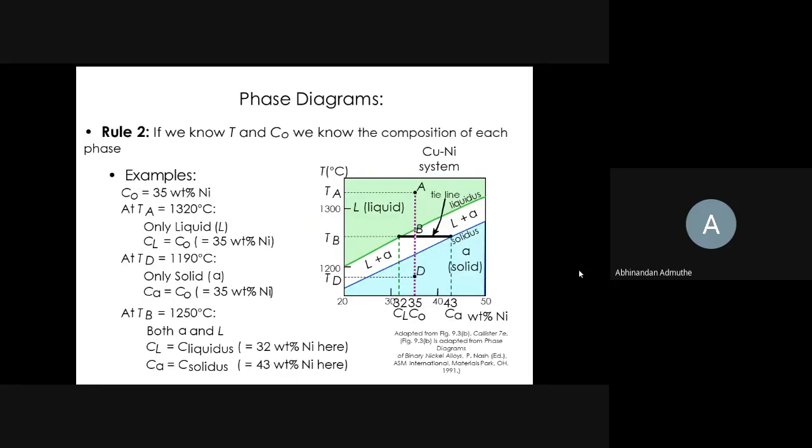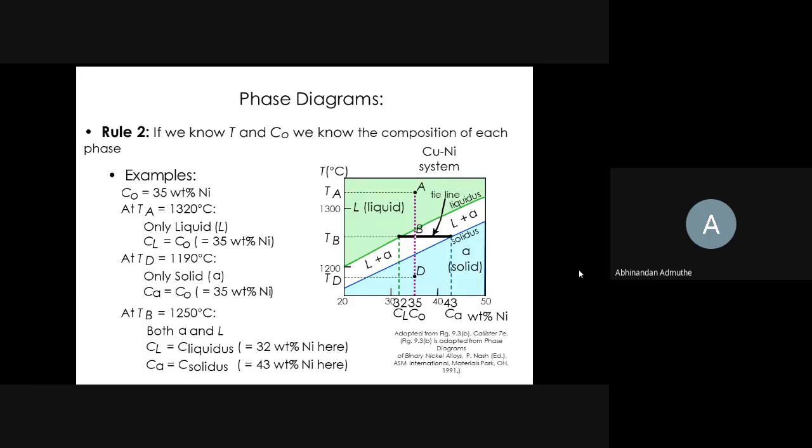And rule number 2: what information can we draw from the phase diagram is that if you know the temperature and the composition, we can find out the composition of each phase. For example, again we will consider the copper nickel system.